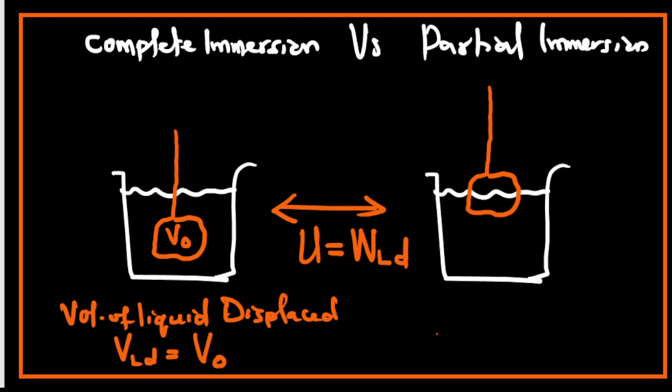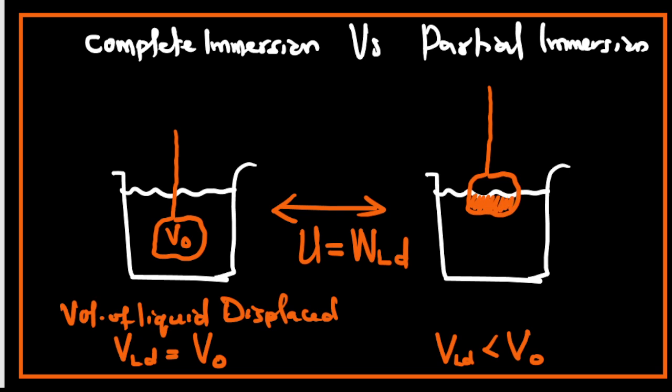But here, the volume of liquid displaced is going to be less than the volume of the object. Why? Because not all the object was immersed. This is the only part that is inside water.